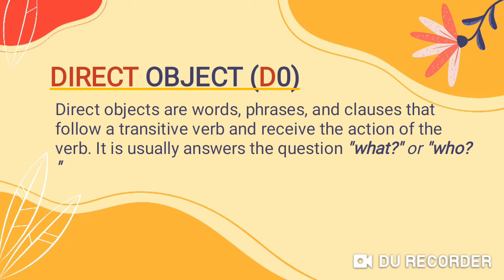Let me give you an example. I have a sentence. It is about Jade sings a Christmas song. A Christmas song is the direct object.